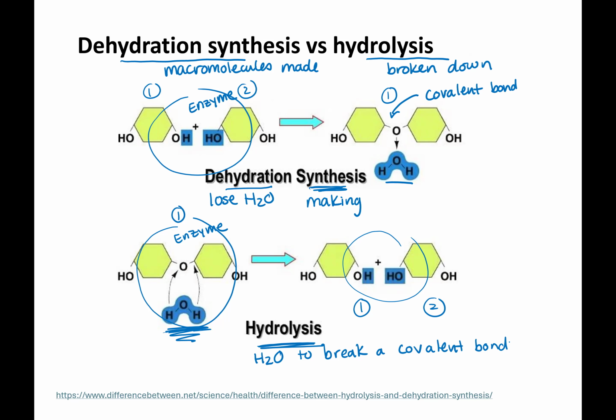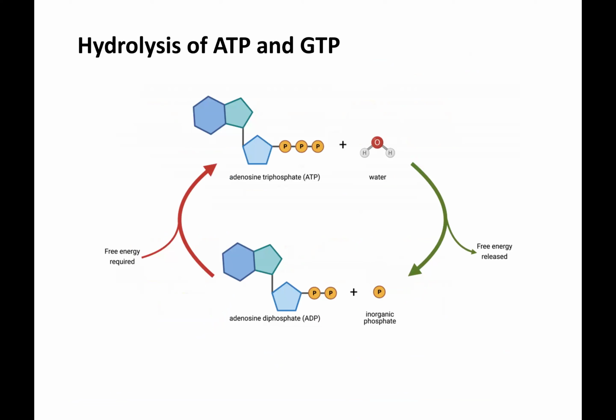Where this becomes important, where you're really going to look at it this semester, is in the hydrolysis of ATP and GTP. We've talked about ATP in general biology, hydrolysis for energy. Again, we're not going to talk about ATP as an energy molecule, but rather as one that phosphorylates a different protein.